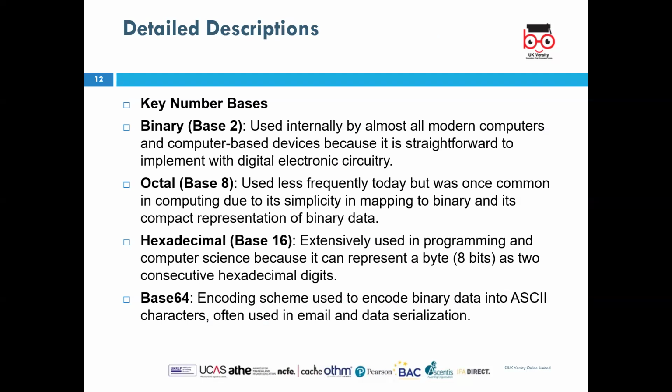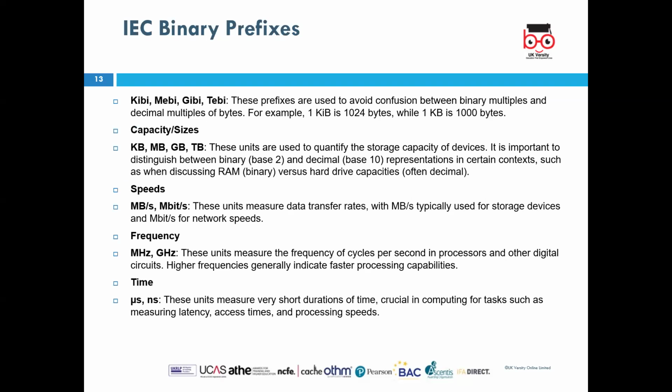Okay, so we explained them. We looked at binary with a base of 2, octal with a base of 8, and hexadecimal, which is based on 16. Again, we covered what our binary prefixes are.